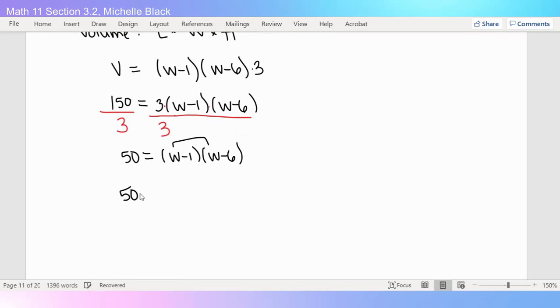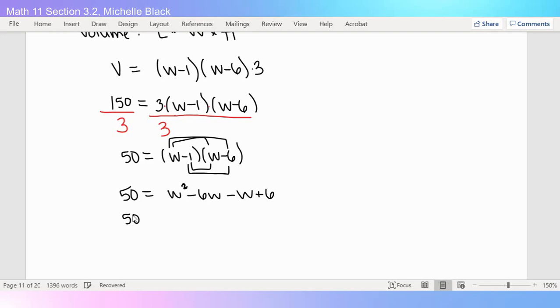So 50 equals W squared minus 6w minus w plus 6.